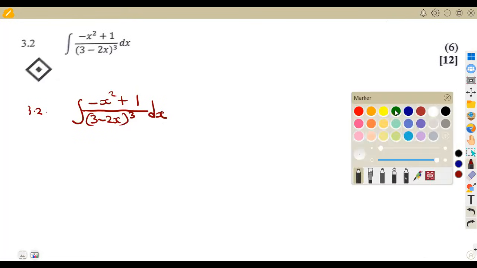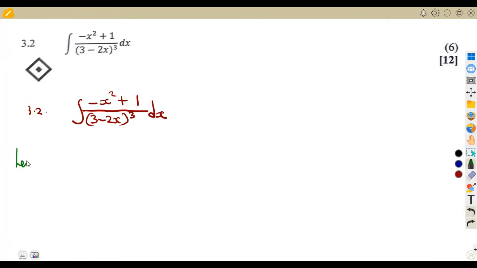So we are going to let negative x squared plus 1 over (3 minus 2x) to the exponent of 3 be equal to, like I said, you're going to raise from 1 up to 3.